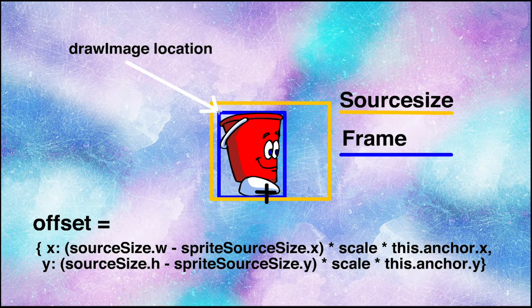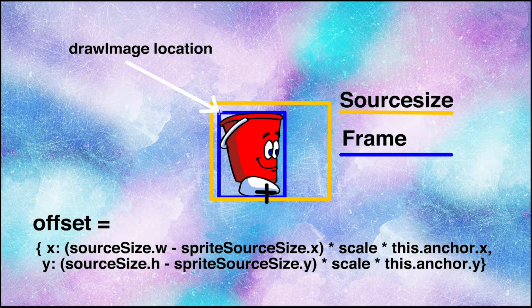And there's various things that we need to take into consideration. One is the source size, the other is the frame size, the other is the anchor, and finally the scale. So we take the source size width, which is going to be common for all our images in this bucket, we subtract the sprite source size .x, that's this position here in relation to this box.